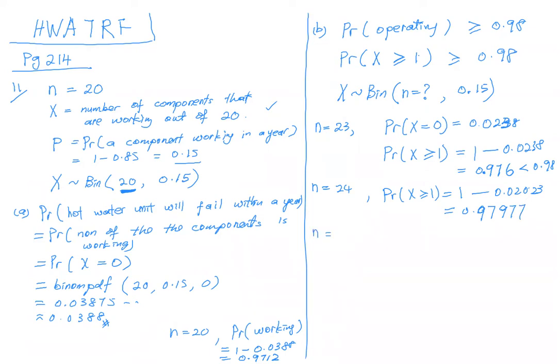N equal to 25. So you look for the answer. 1 minus. So you try until you get the answer. So is that the smallest? Then you, yeah, 25.